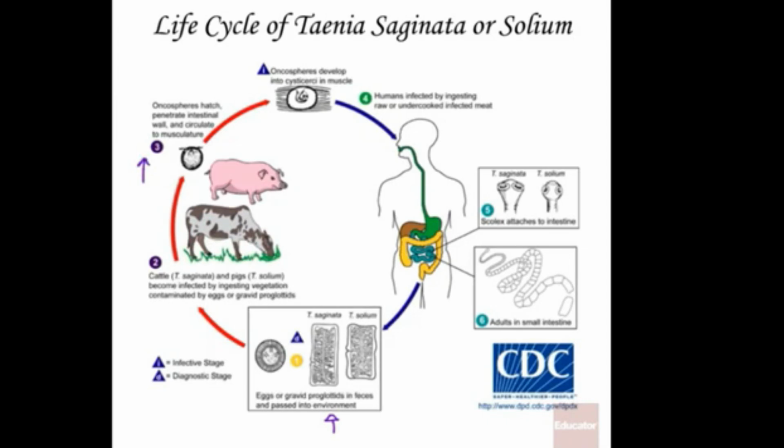These eggs hatch, and these micro-oncospheres migrate to the muscle tissue of the pork and beef. Then these oncospheres develop into cysts that reside in the musculature of these animals. And guess what?